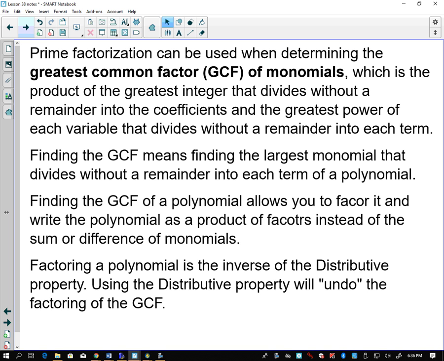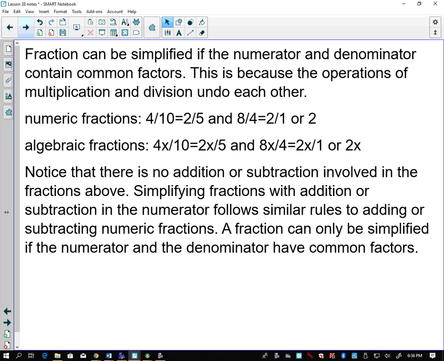Finding the greatest common factor of a polynomial allows you to factor it and write the polynomial as a product, instead of the sum or difference of monomials. Factoring a polynomial is the inverse of the distributive property. Using the distributive property is the opposite. It undoes the factoring of the greatest common factor.